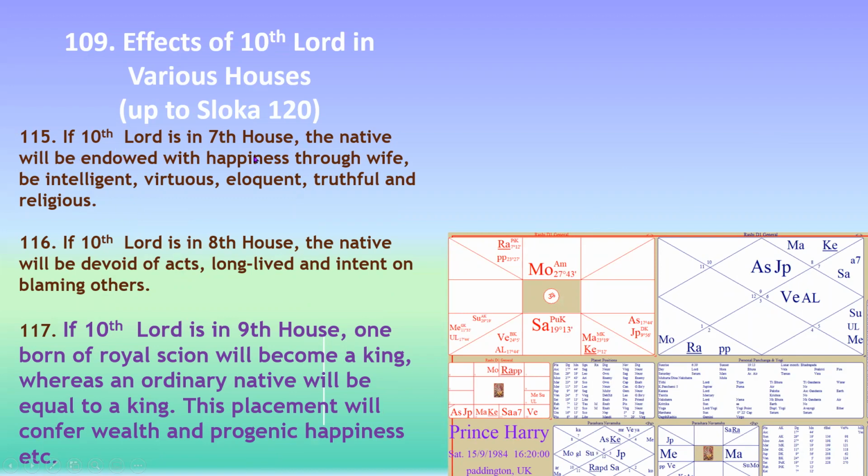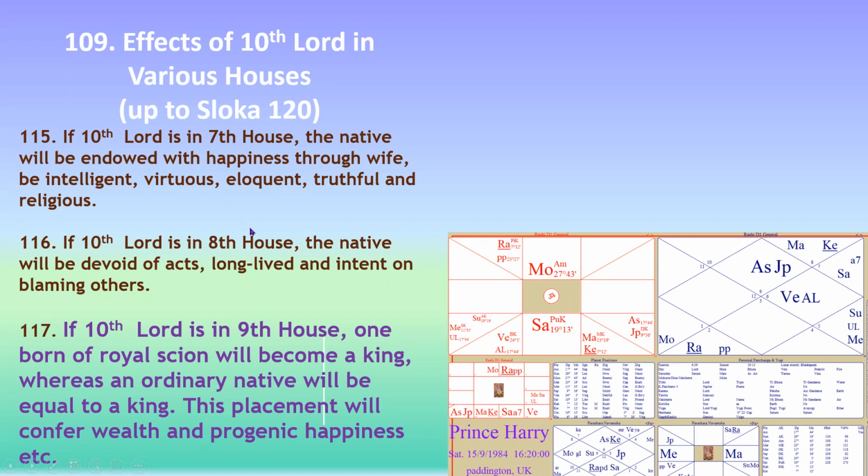If the 10th lord is in the seventh, the native will be endowed with happiness through wife, intelligent, virtuous, eloquent, truthful, and religious. This is beautiful. But if the 10th lord is in the eighth, the native will be devoid of acts, long lived, and intent on blaming others.